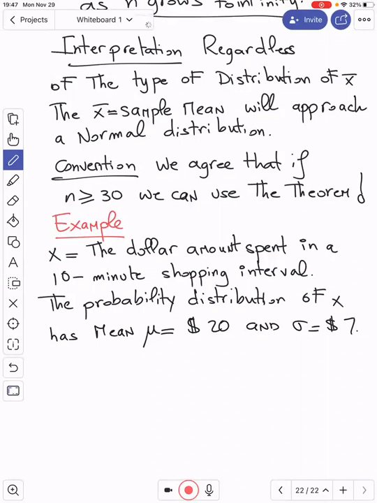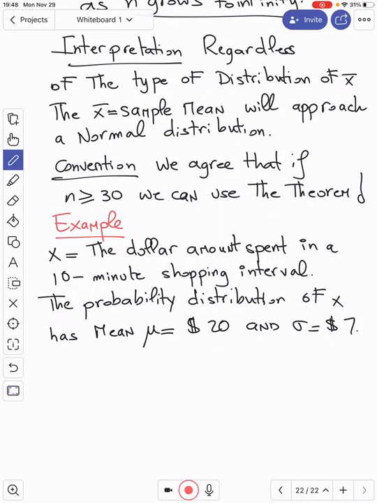Again, x is the money spent in a 10-minute shopping interval. It doesn't follow a normal distribution, but we know that the mean of x is 20 and the standard deviation is sigma.